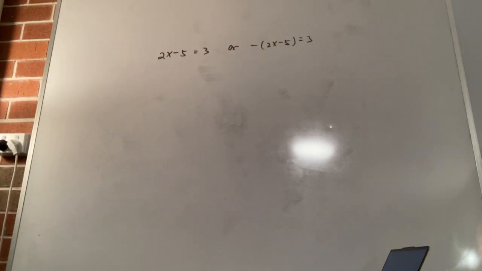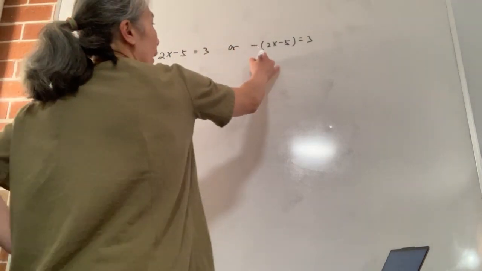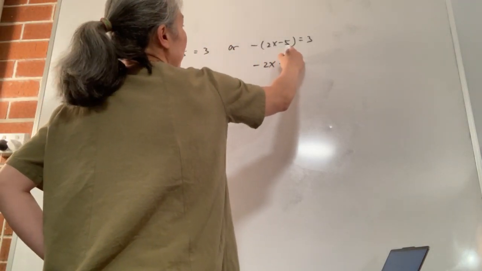8 over 2, which is 4. And 1. I got minus? Negative. Yeah, it should be minus, so you have minus 2x minus 1.